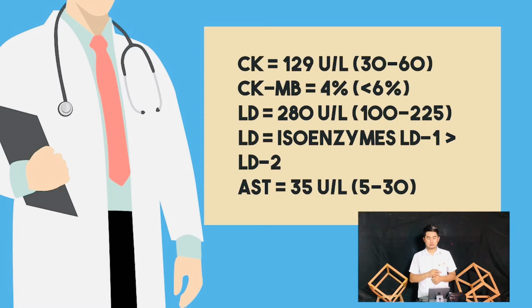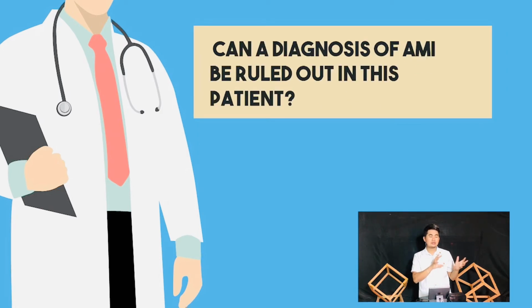Lactate dehydrogenase, LD1 is greater than LD2. AST is 35 U/L with a reference value of 5 to 30. Question number 1. Can a diagnosis of AMI, or acute myocardial infarction, be ruled out in this patient?